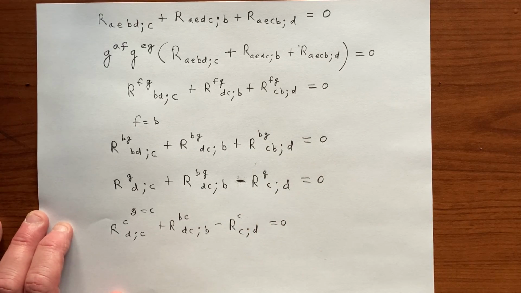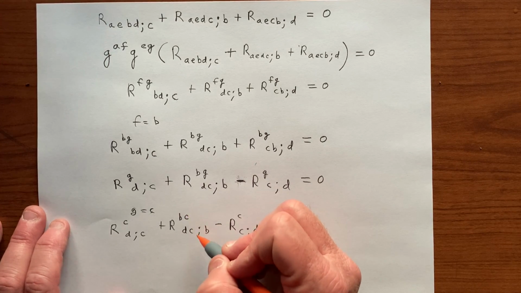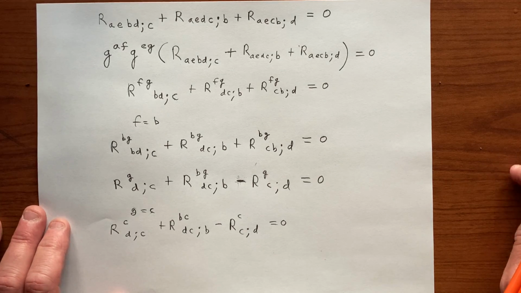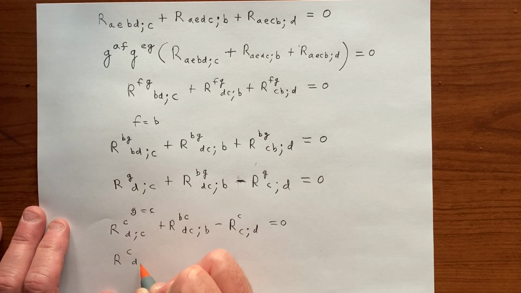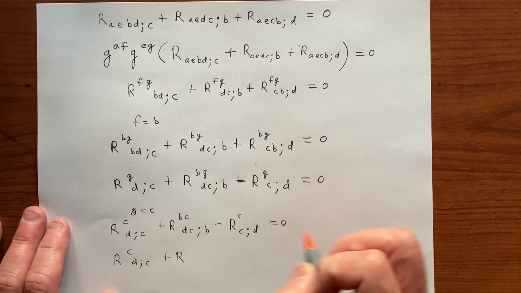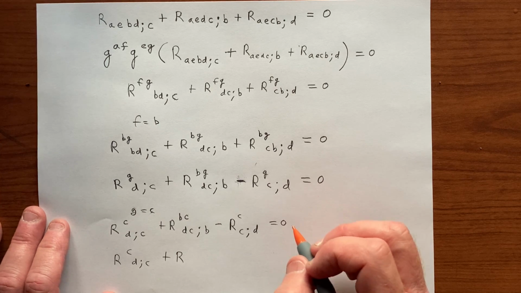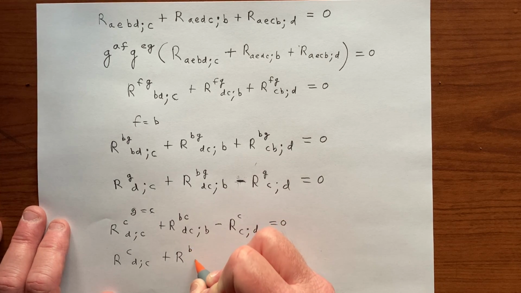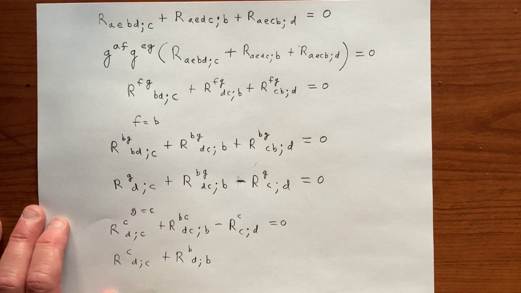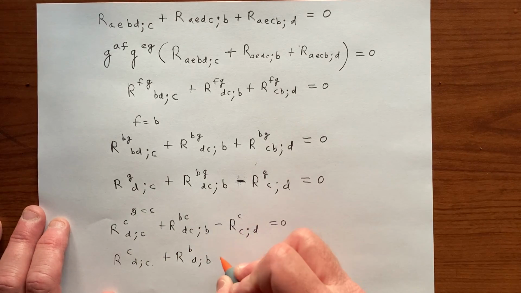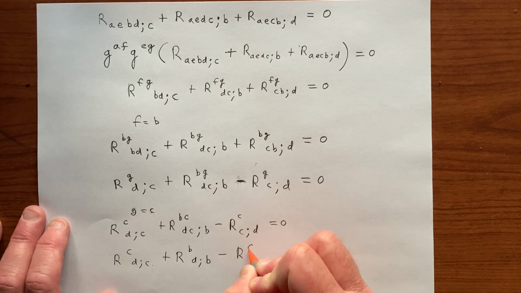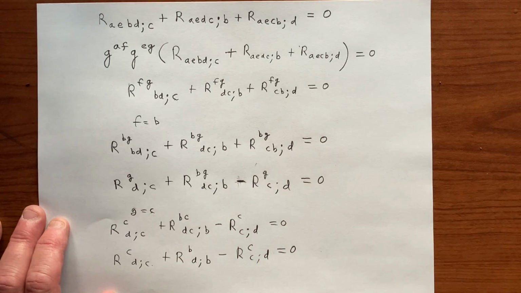This is equal to 0. Okay, so now we can sum on C, and we see that these objects are basically the same. So we have an R^C_D;C plus an R^B_D;B, but we are summing on this index, so we call it C in one case and B in the other. It doesn't mean anything. It's the same thing. Minus R^C_C;D. This is equal to 0.